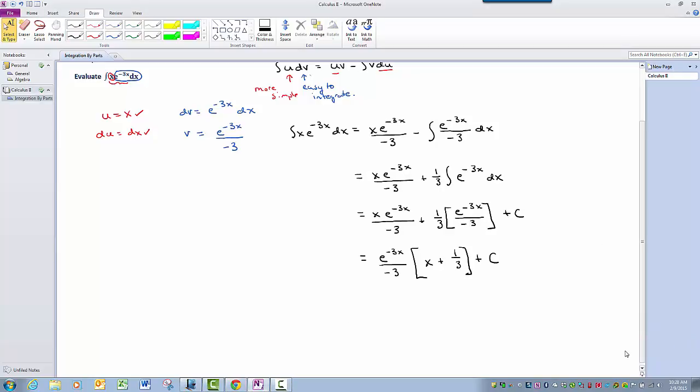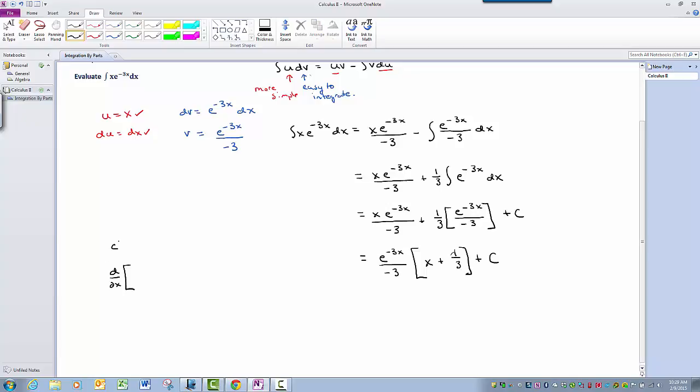Okay, so that looks right, but now what we can do is we can go ahead and verify that if we differentiate our answer here, we should come up with our original integrand here in the middle, right? So let's take this right here and let's differentiate it.